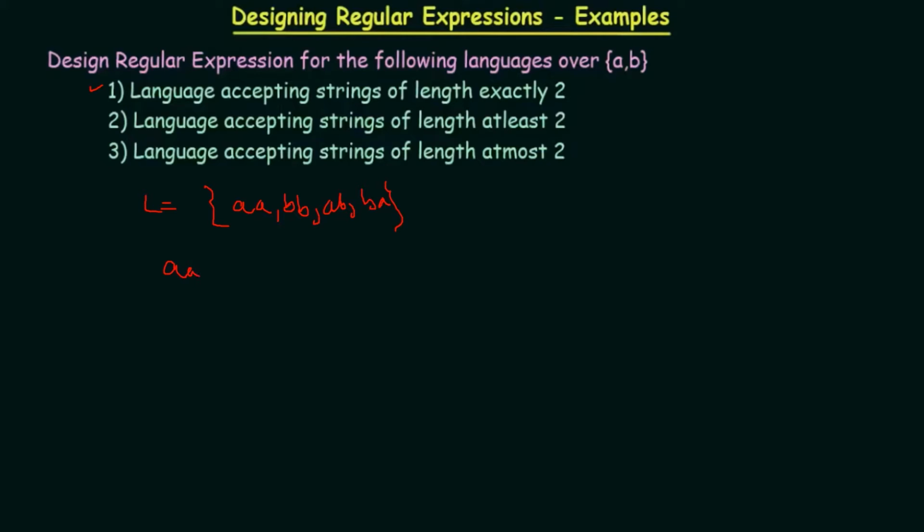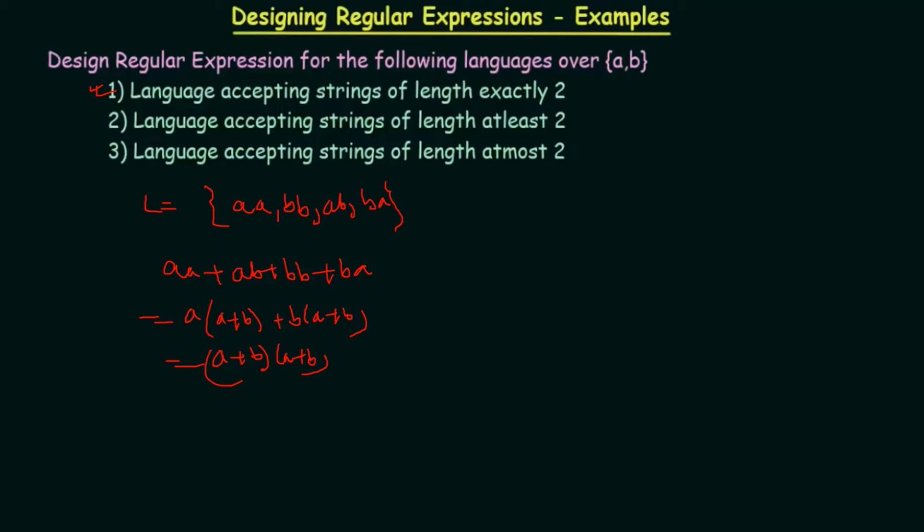So AA plus AB plus BB plus BA. If I take A common from the first one, I get A plus B. If I take B common from the next one, I get A plus B. Taking A plus B common, I get A plus B times A plus B. So that is the answer for the first one.